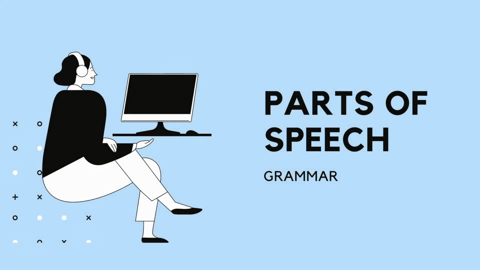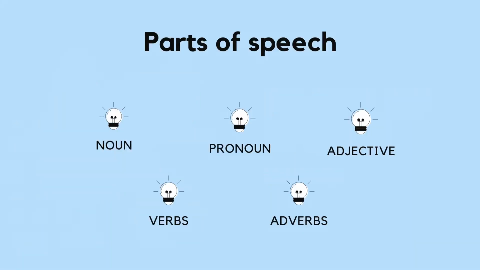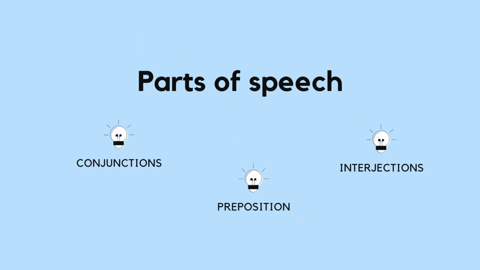In today's lecture, we will see the parts of speech. The parts of speech is the first step in learning the grammar. It indicates how the word functions in meaning as well as grammatically within the sentence. In other words, parts of sentences are known as parts of speech.